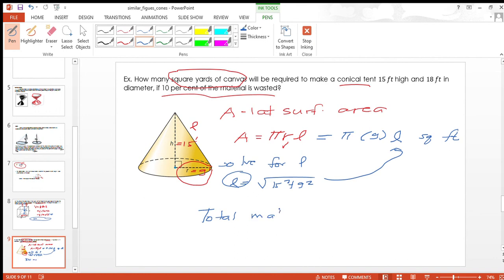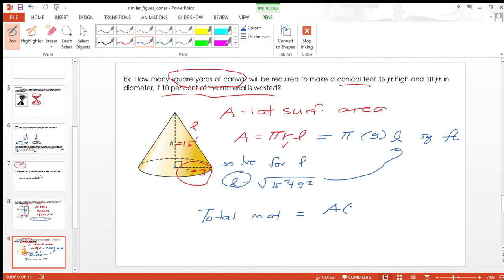So if that's in square feet already, then the total material used will be, remember, it says here, 10% of the material is wasted. So 10% of the value that we get here will now be the material wasted. Therefore, the total material is we get our A multiplied by, isn't it that 100% is 1?